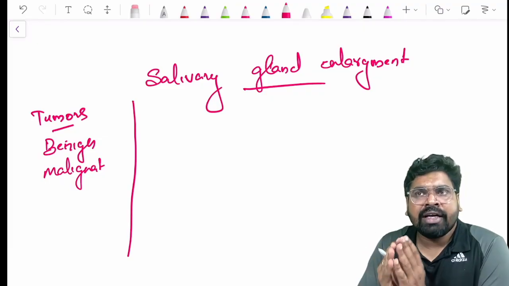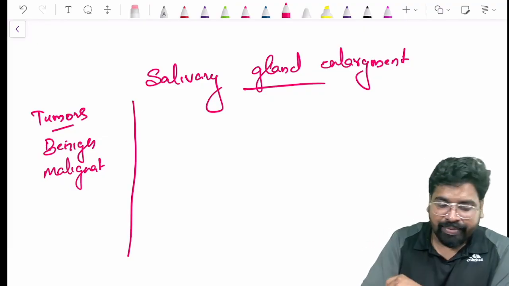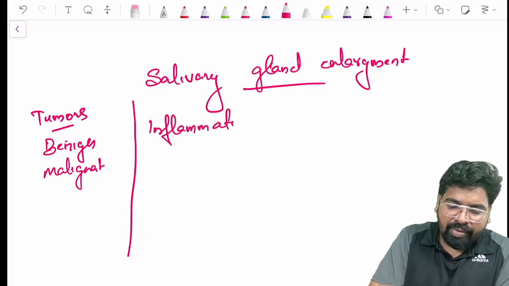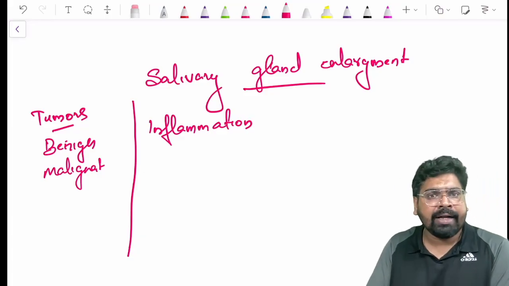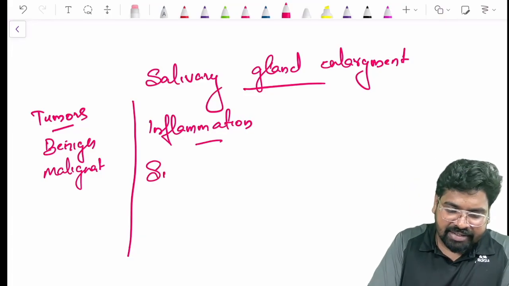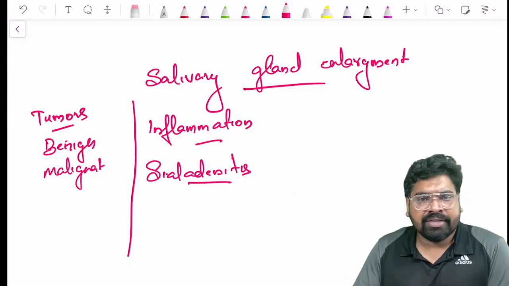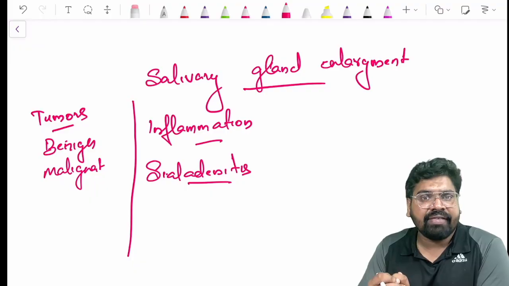If the salivary gland has inflammation, that condition is called sialadenitis. Itis is what we use for inflammation, so sialadenitis is an inflammation of the salivary gland.